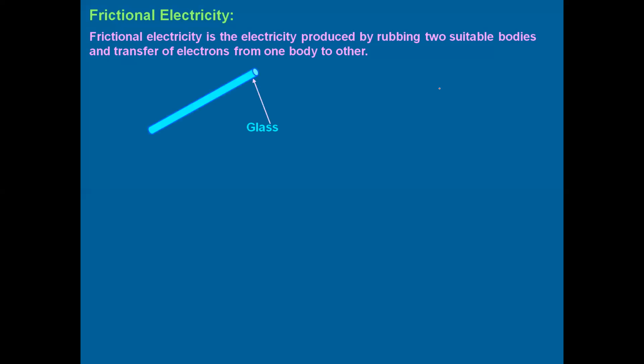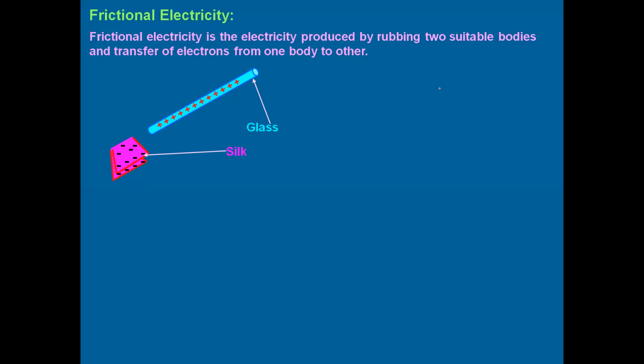Let us take the example of a glass rod and a silk cloth. When you rub a silk cloth over the glass rod, you can observe that the glass rod will have a positive charge and the silk cloth will develop a negative charge. As I told you, for a positive charge to be formed, the object has to lose electrons, and for a negative charge, the object should gain electrons.